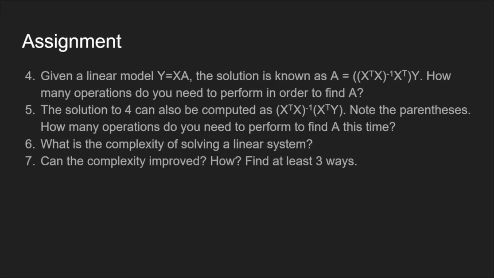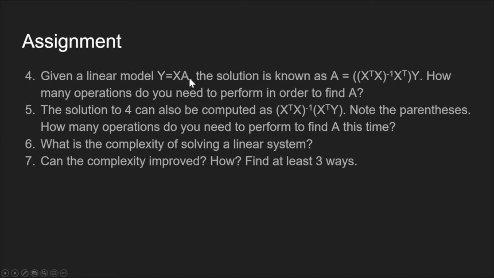Okay. Now, all of this kind of boils down to questions number 4 and 5. Basically, when you have a linear equation, y equals xa, where the unknown is a, okay, x and y are the objects that we already know, and a is the unknown.